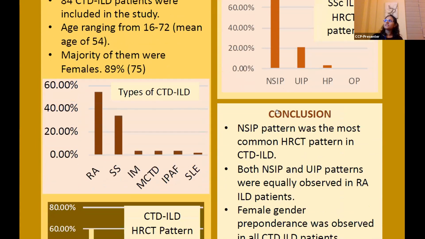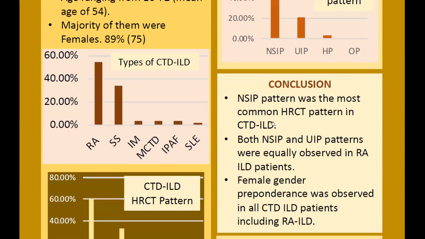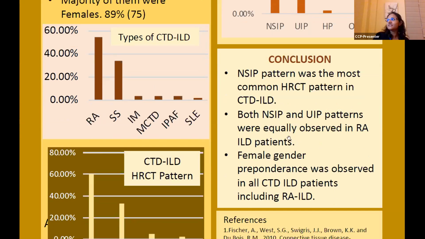So in conclusion, our study showed NSIP pattern is the most common HRCT pattern in CTD-ILD. And the important point I want to highlight is that in rheumatoid arthritis ILD, NSIP and UIP patterns were equally observed, compared to global data, which has found UIP is the most prevalent one. And female preponderance was observed in all CTD-ILD patients.